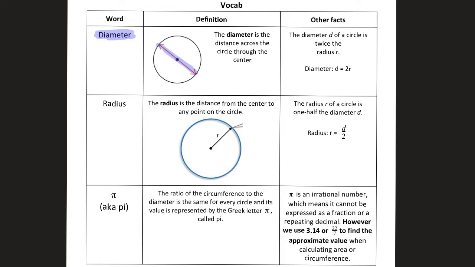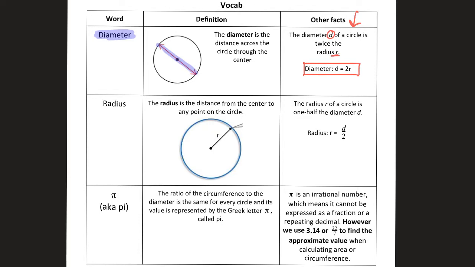The diameter goes straight through the middle. Okay? And how we find it, if it's not labeled, is the diameter is labeled D for diameter, is twice the radius R. Okay? So here's a little formula for you to remember. The diameter is 2 times the radius.